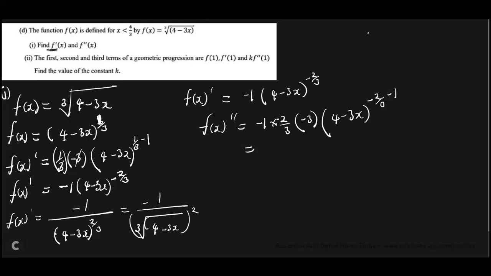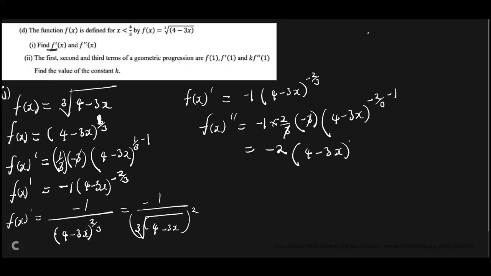Such that negative times negative is positive, then positive 2 over 3 times that, meaning that this and this will cancel, then you remain with 2 there, then 4 minus 3x.